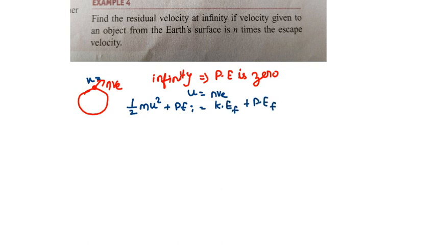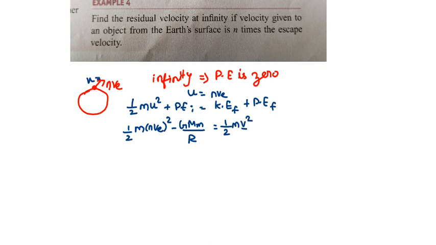I'll substitute the values here: 1 by 2 m, u is n times ve, square, plus potential energy. We know the formula for potential energy in gravitation, minus GMm by r. The final kinetic energy, which is what we need to find, is 1 by 2 m v square.